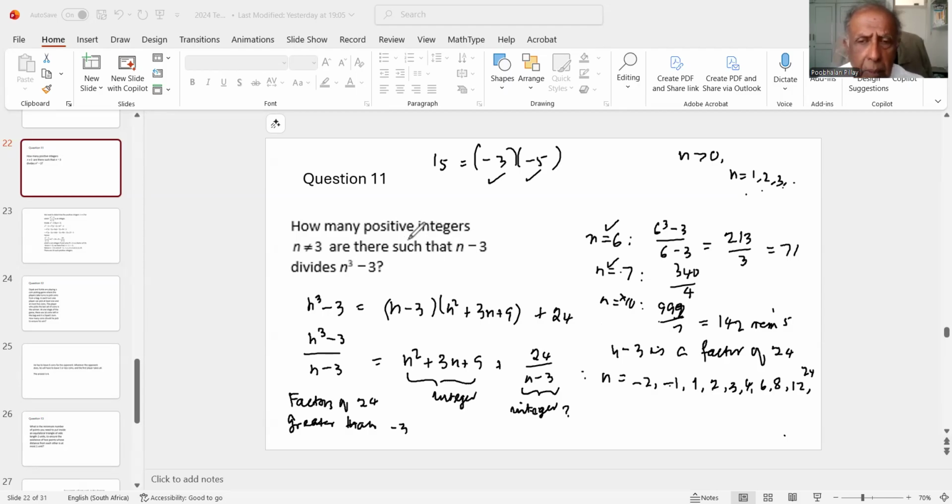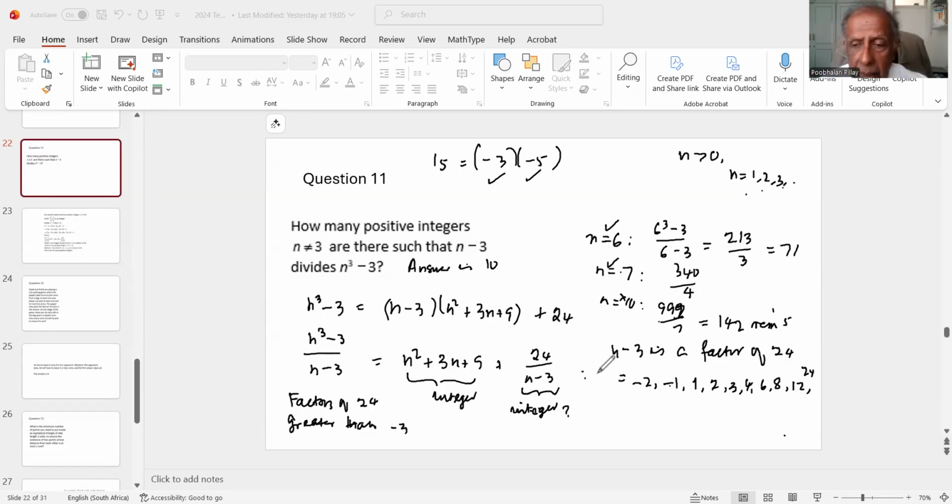The question was, how many positive integers are there? And the answer is, I just listed them down. The answer is 10. You might ask, hey, this negative 2 is not allowed. But this is where n minus 3 is negative 2.